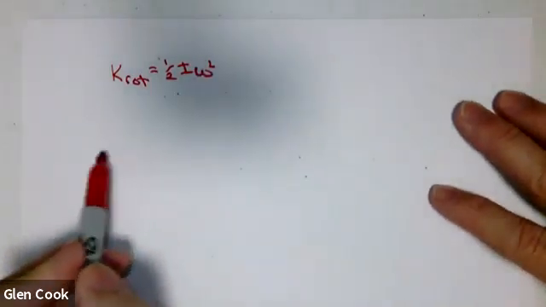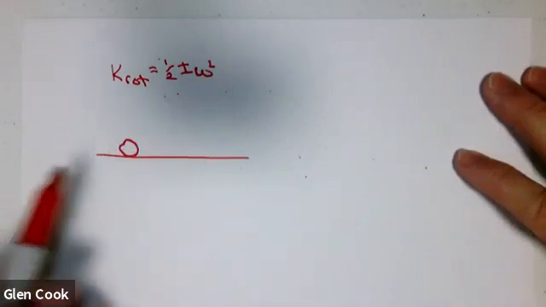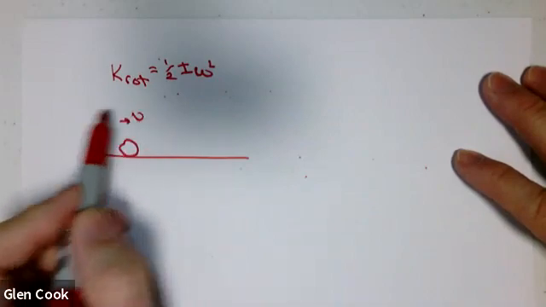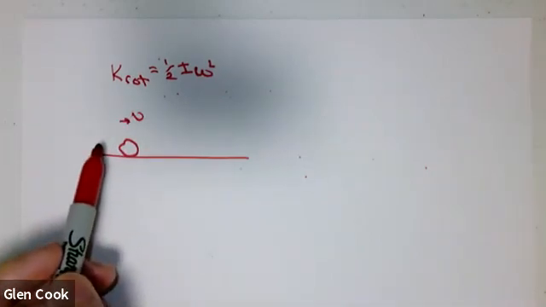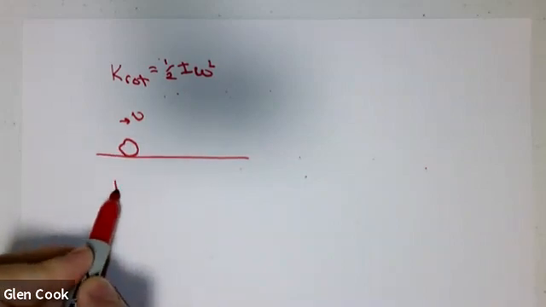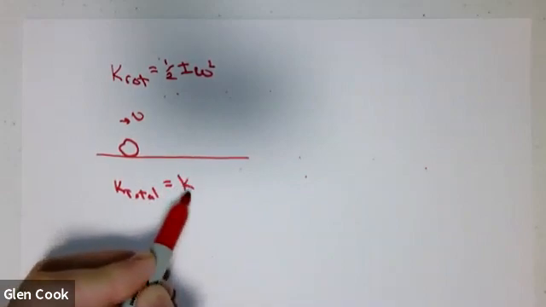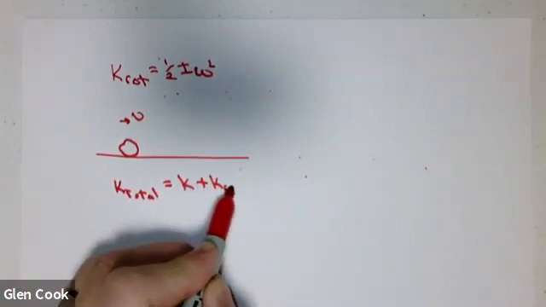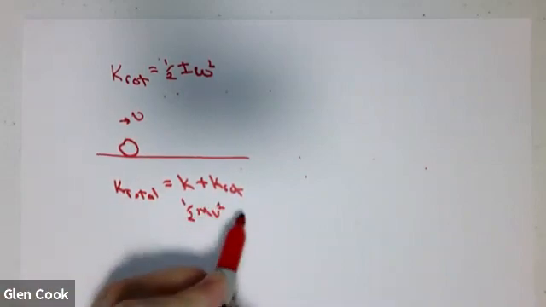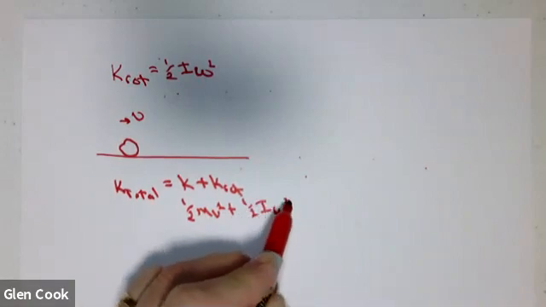The most common method of this: I have a ball rolling that way at a velocity v. If I want to know the total kinetic energy, it will be equal to the K translational plus the K rot. So it's 1/2 mv squared plus 1/2 I omega squared.